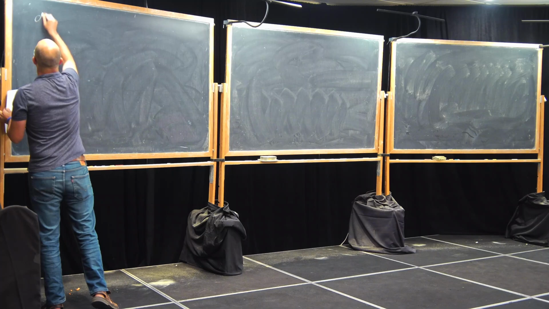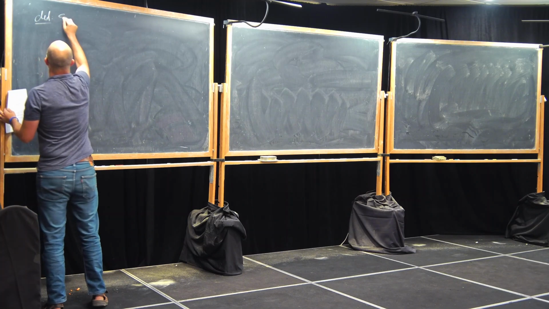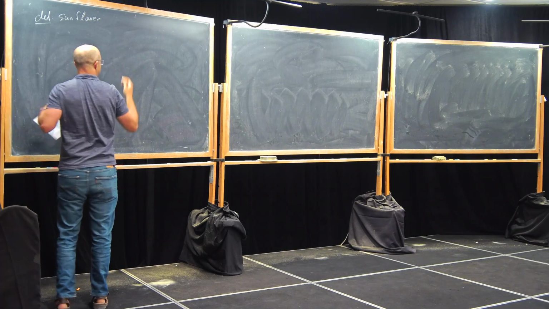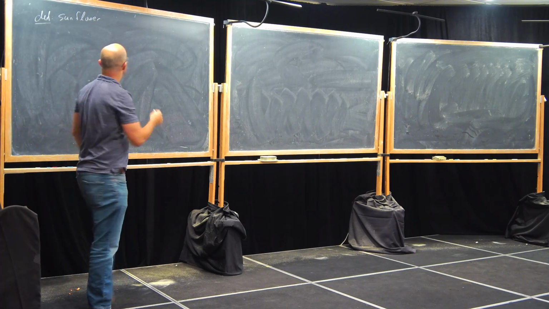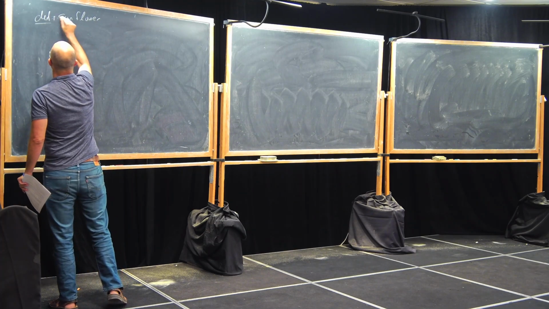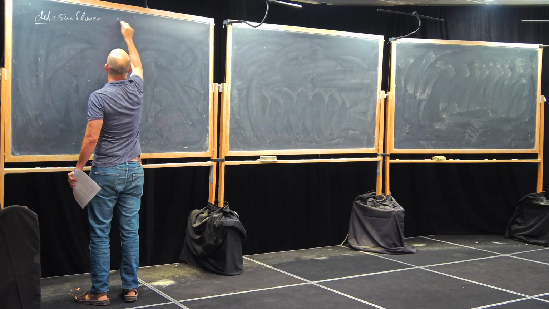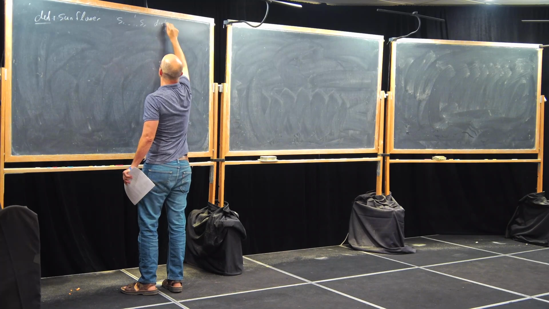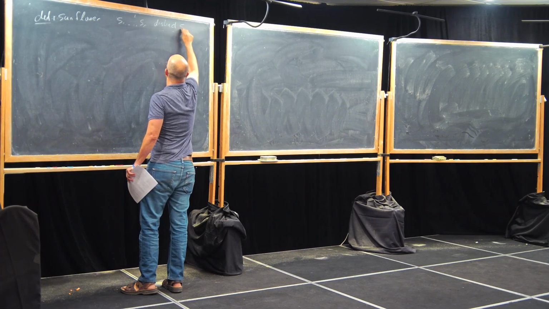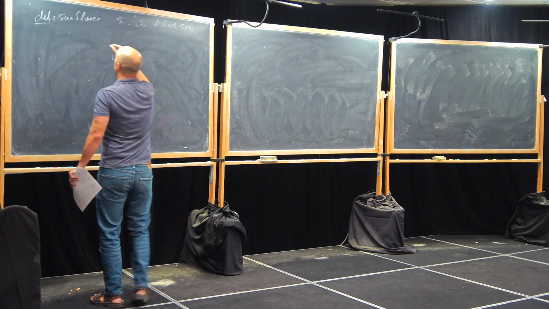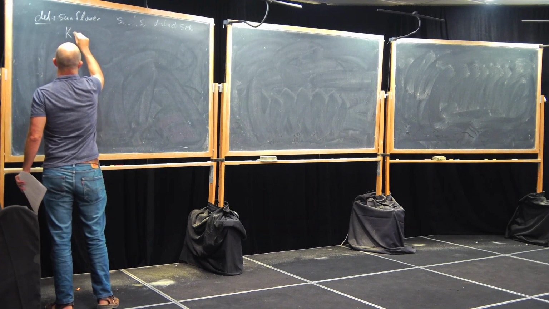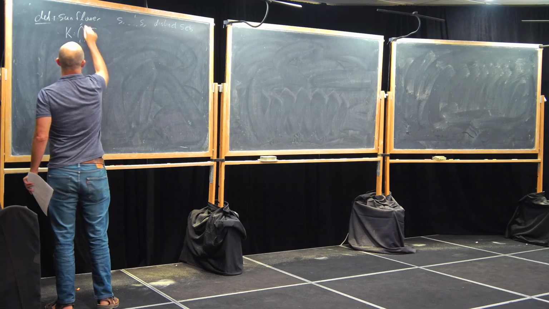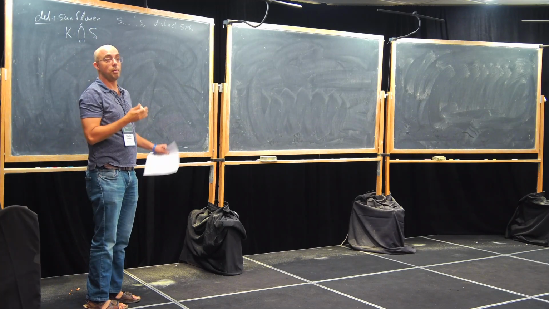So we defined the sunflowers. Let me just remind you quickly of the definition, because if you miss this definition, it's really hard to follow what's going on. So an R sunflower is a family of R distinct sets, S1 to SR, such that if we denote by K their common intersection, then except for this common intersection, they are pairwise disjoint.